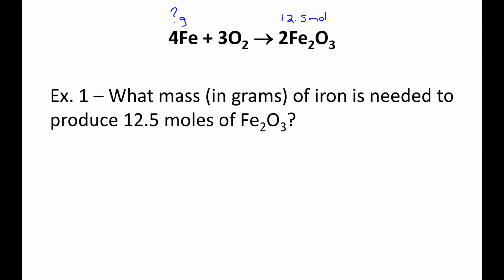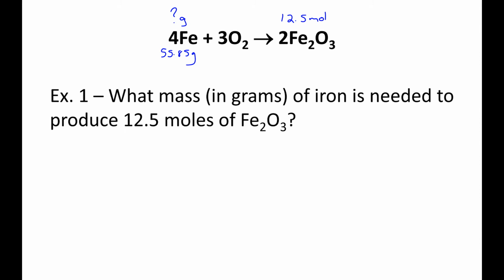I also like to put down masses when I can, when I need to. I don't know if I need the Fe2O3, I don't think I do, but I am going to put iron down. Anytime you see grams, here it's a question mark grams, most likely you're going to need the molar mass, at least going from mass to moles and moles to mass. So I'm going to put that there.